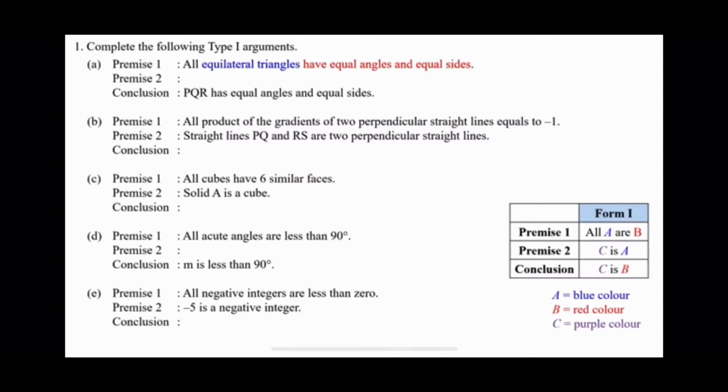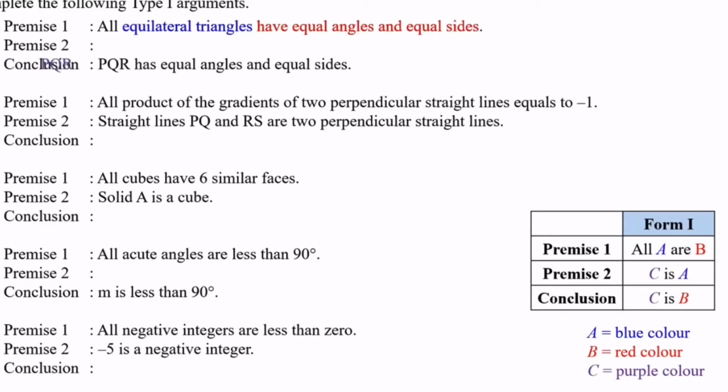Let's see number 1. Premise 1: all equilateral triangles have equal angles and equal sides. The purple color is PQR, has equal angles and equal sides. Now you replace the red color. Both are equal, has equal angle and equal side with red color. So now we will cancel out the red color.